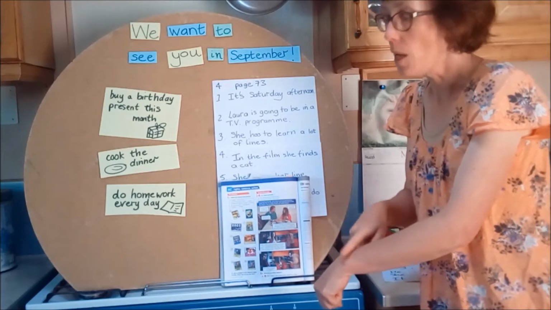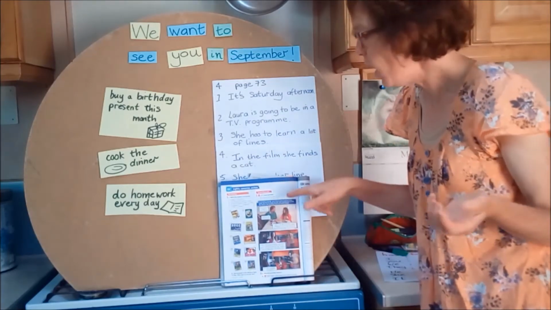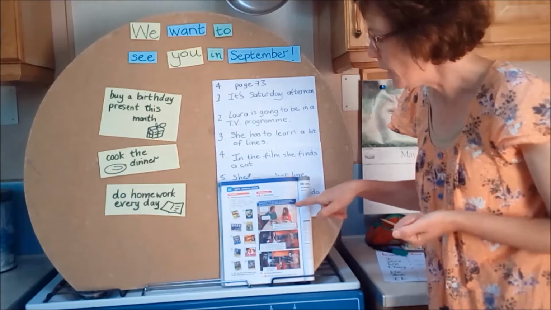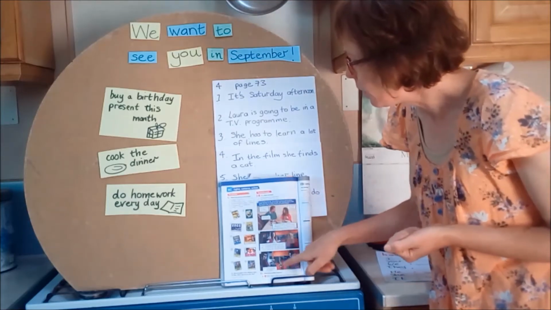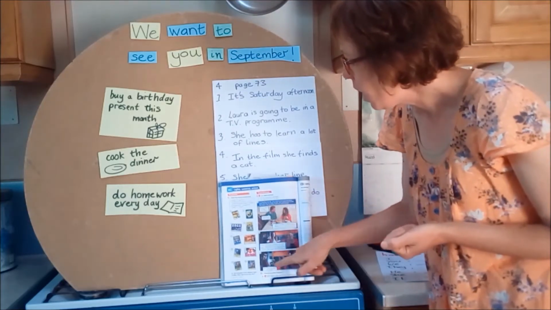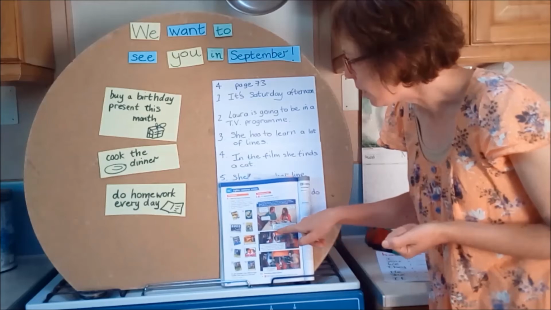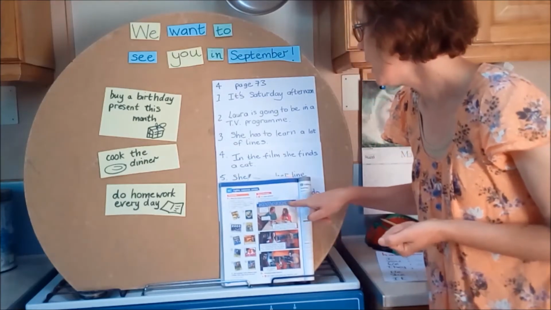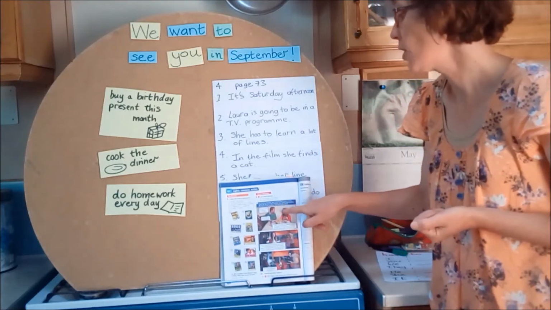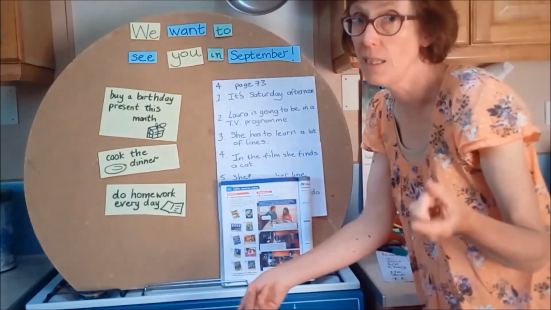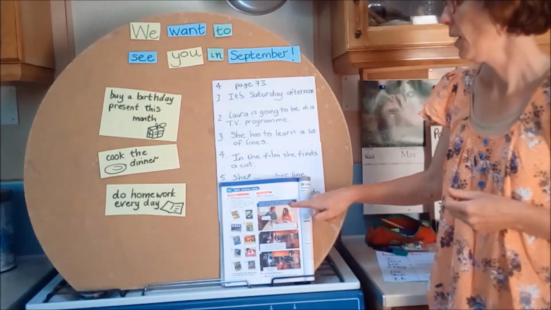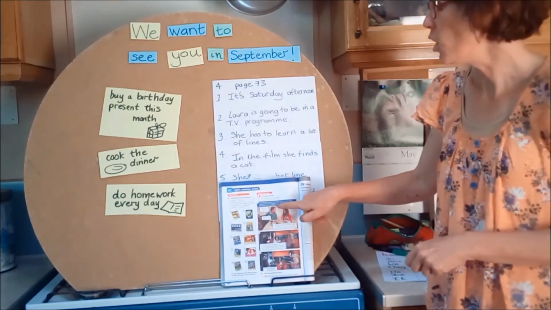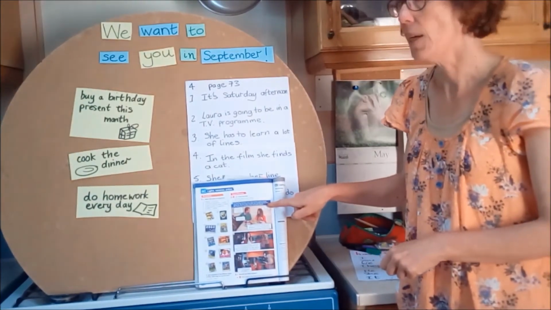Laura has to get up early. Why does Laura have to get up early today? Look, she has to get up early because she's going to be in a film.